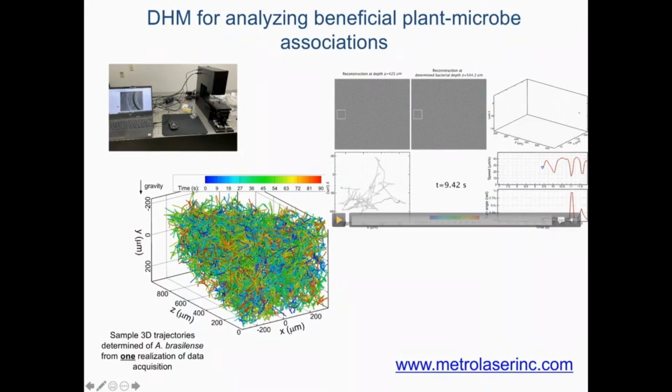But what is also particularly interesting is how long you can track bacteria. And here I'm going to show you a short movie where you can see the reconstruction of the diffraction pattern. Here, this is a track of a bacterium that you're going to follow in this movie. And these are the quantitative analyses.